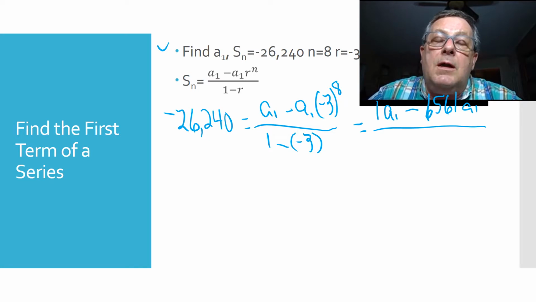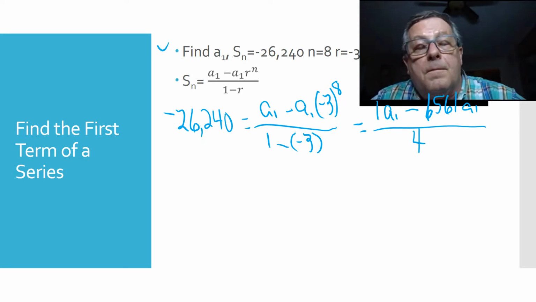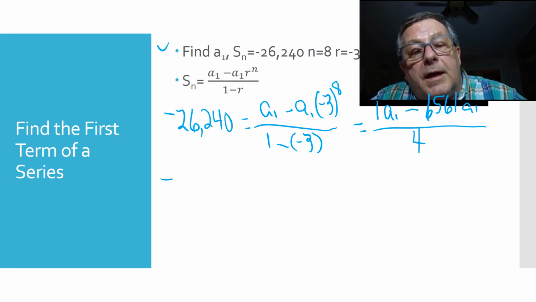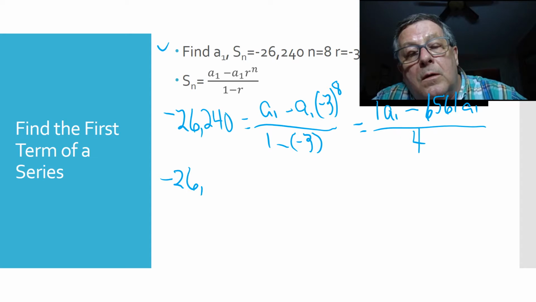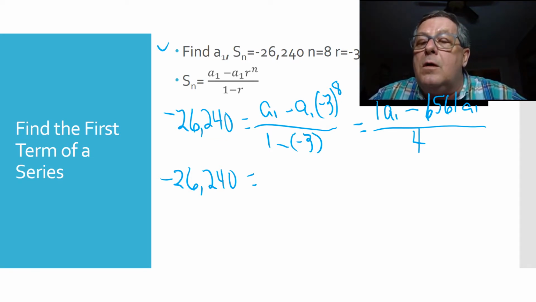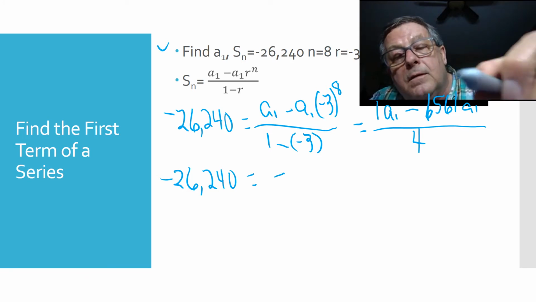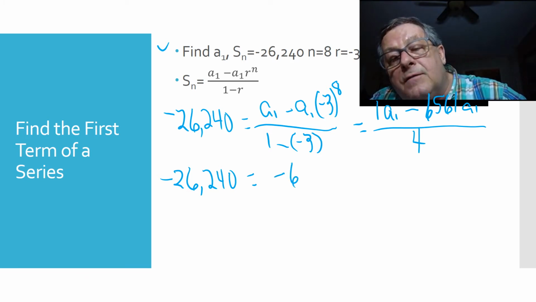And let's see, 1 less negative 3, that's going to make that positive 3, so it's going to be 1 plus 3, that's all going to be over 4. So we've got negative 26,240 equals 1A1 less 6,561 A1, which is going to give me negative 6,560 A1 over 4.